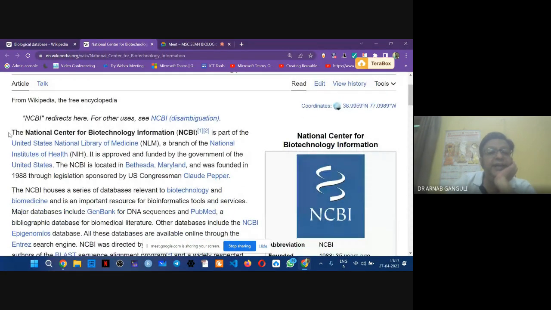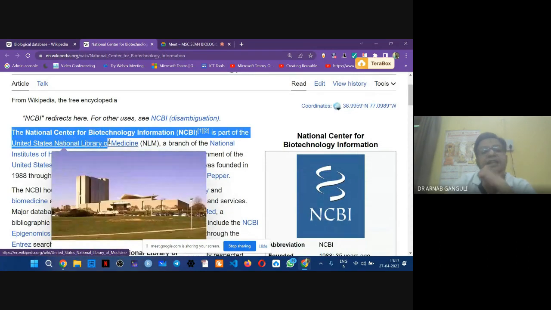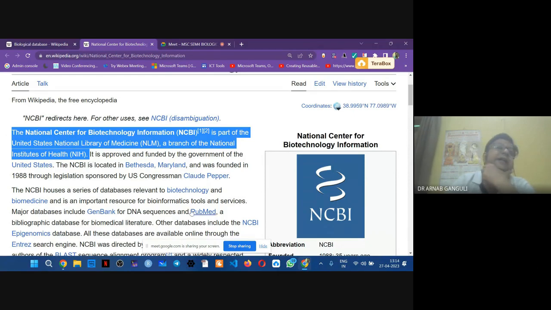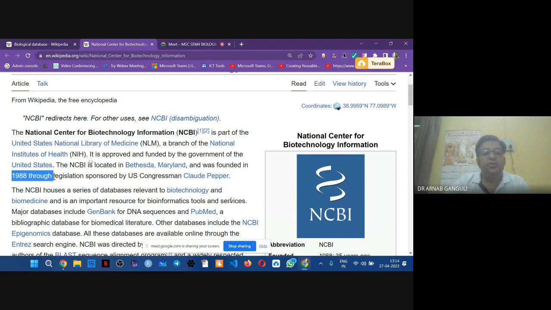This NCBI database is part of the United States National Library of Medicine, which is a branch of the National Institute of Health of United States of America. The NCBI is located in Bethesda in Maryland, and was founded in 1988 through legislation sponsored by the US Congressman Claude Pepper.